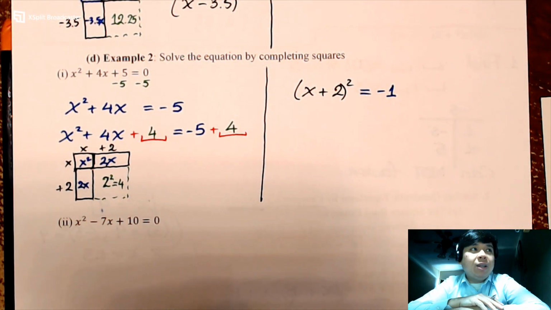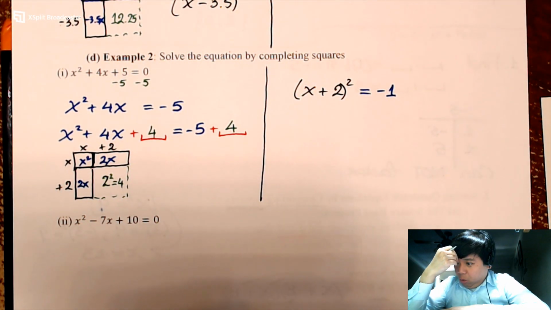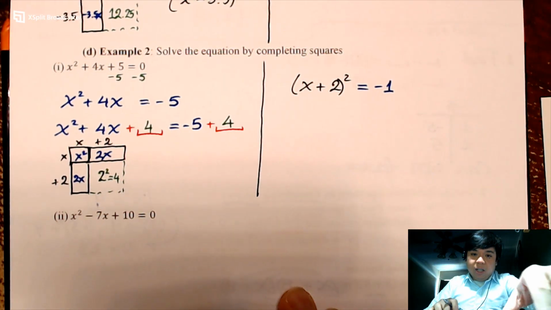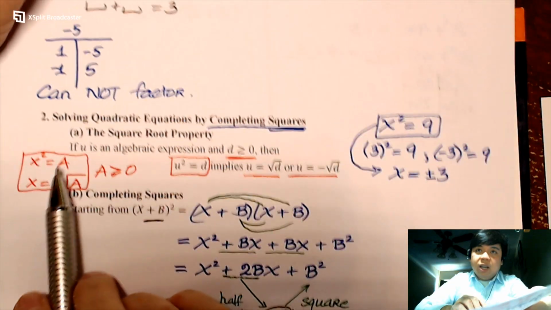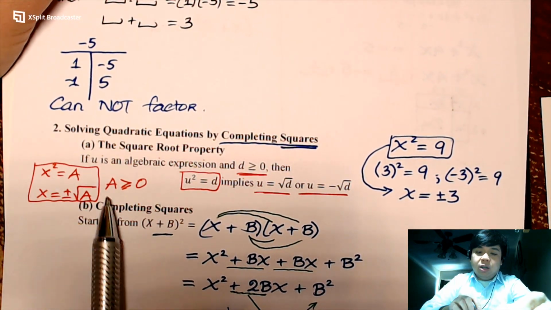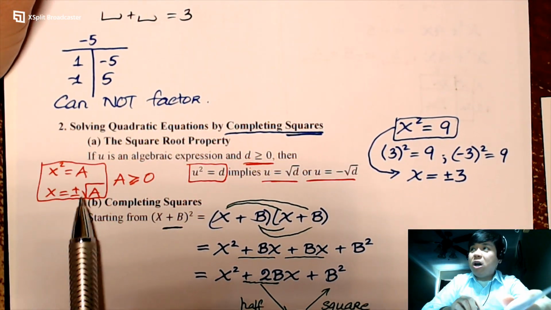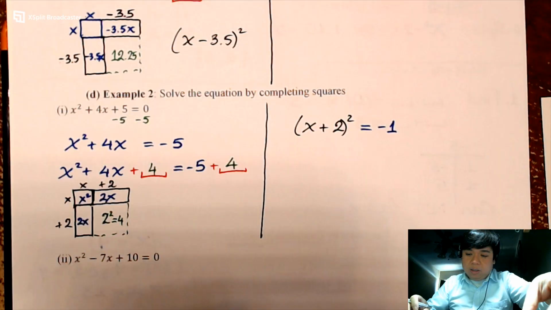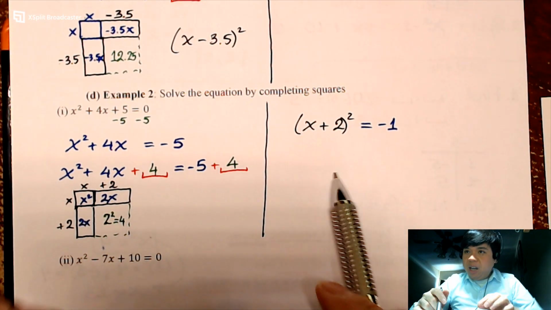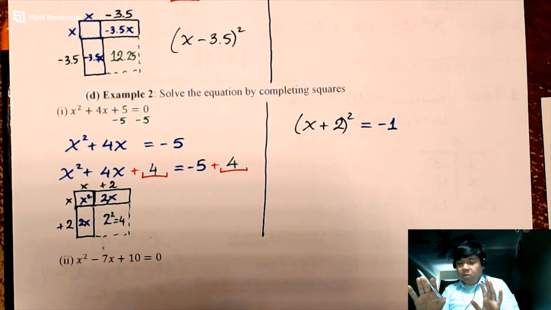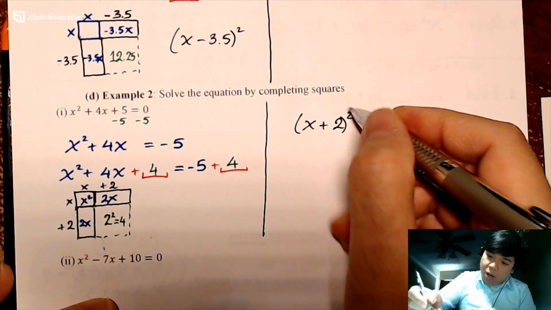Okay. Save that. Now you remember the principle we have earlier: a square equal to a number, so that we're going to be plus or minus square root. Now that will be what we do here. Even though the -1 is not positive, that's fine.